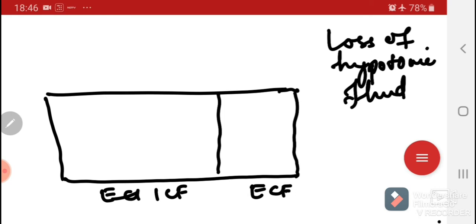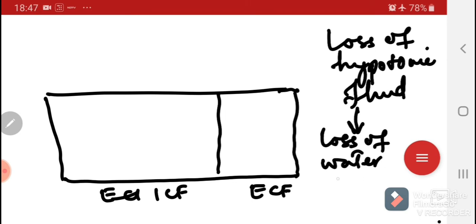Loss of hypotonic fluid actually means loss of water more than loss of solutes. So as a consequence, this is how we reflect water is lost.